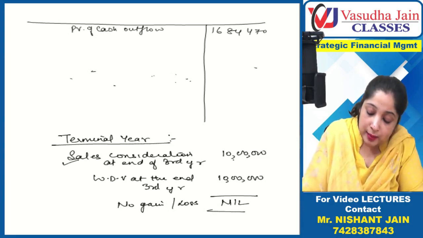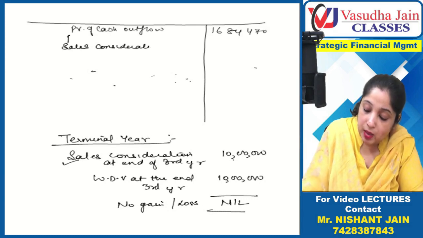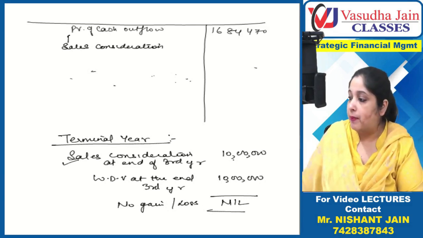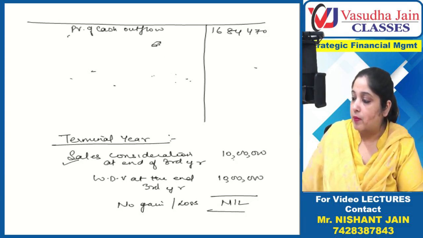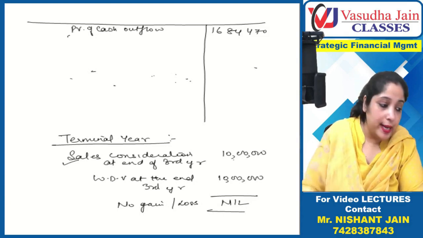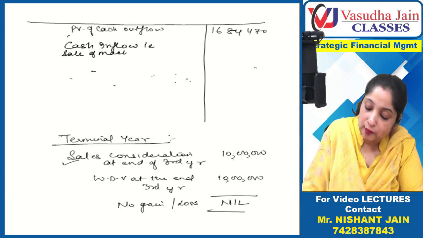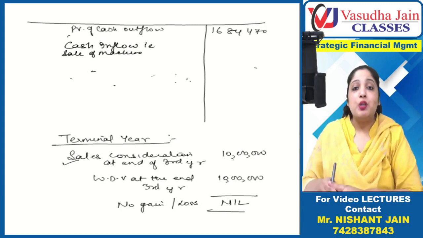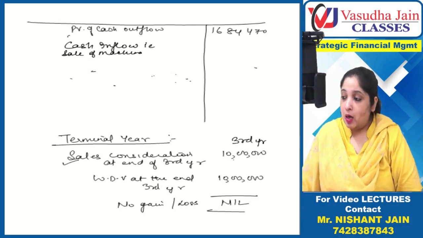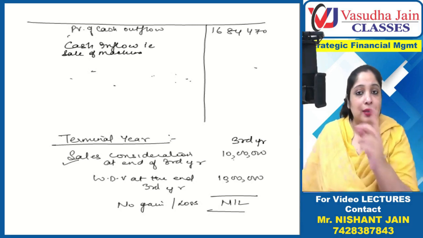Now let us consider the sale consideration, or sale of machine, we can say. So we can write cash inflow, that is sale of machine. How much is the machine sold for? 10 lakh. But in which year is this machine sold? Third year. Now we want all the inflows and outflows in present value.